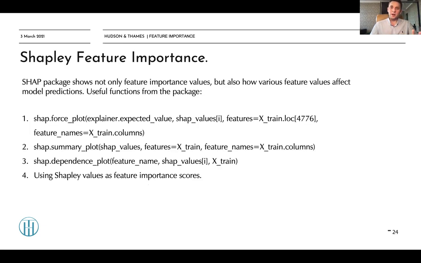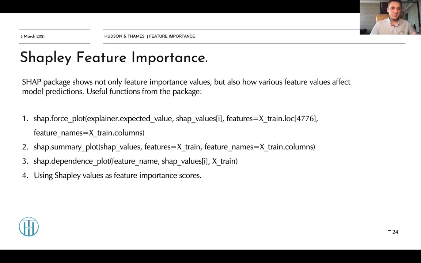The SHAP package is extremely powerful, and it generates not only feature importance values, but also how various feature values affect model predictions. If you want to understand and build the plot of how feature value impacts the prediction of your model, Shapley feature importance and the SHAP Python package is a clear solution.